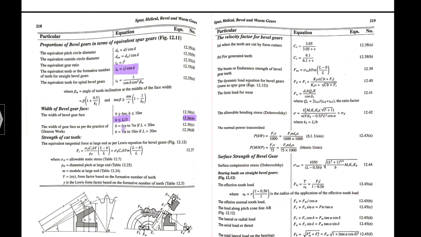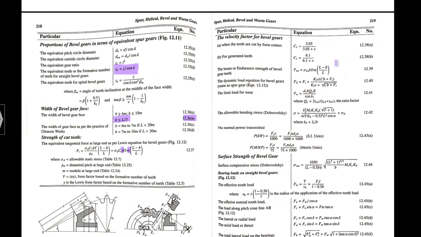Since we are going to find out the module, we cannot conclude this. Because of that, we are going to substitute the value of b as 10m itself. If you have the module initially, based upon the module and the values of L, you can select the face width. That is another criterion for the design. For the time being, Ft has to be substituted in terms of module, b will be 10m, and another m is here. So altogether we are going to get m cube Cv.